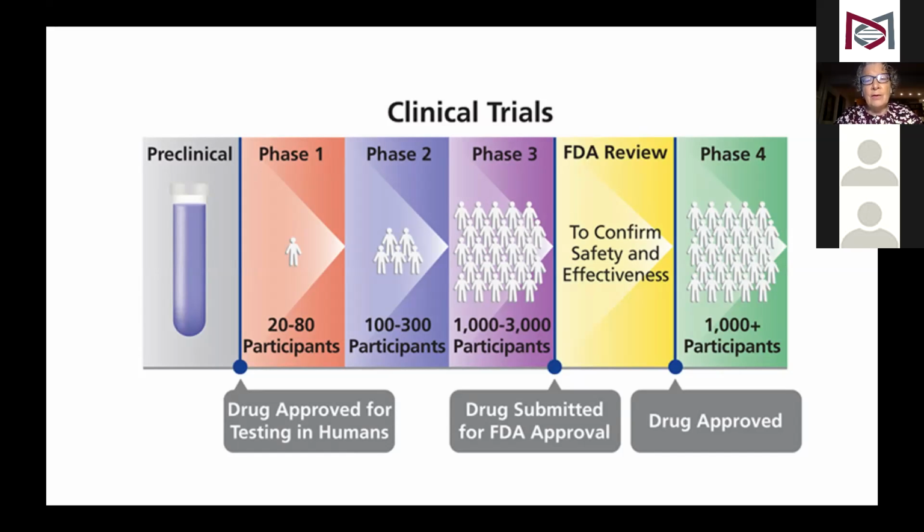We then move on to a phase 2 when there is some satisfactory data from phase 1. This is sort of where many of the vaccines are divided into a go or no-go. The funds to take a clinical trial right through to phase 3 are considerable, and so it's important that there are criteria early on to decide whether a product is going to be a go or a no-go.